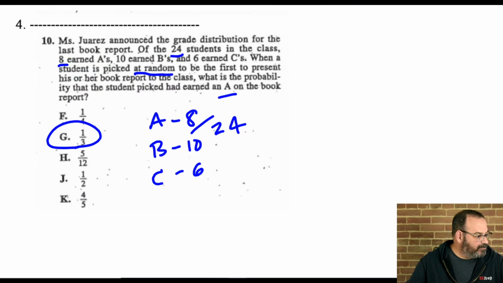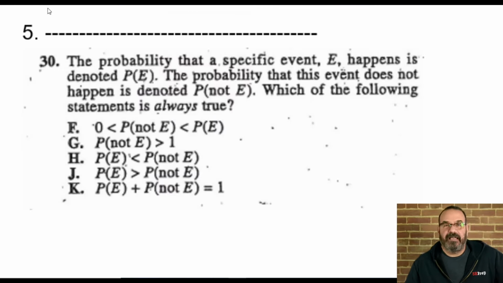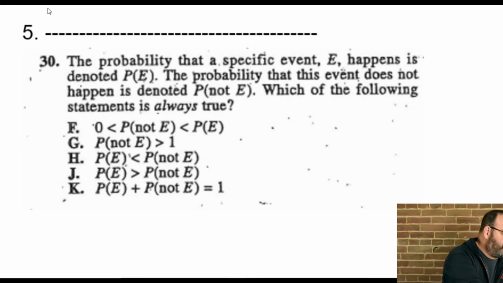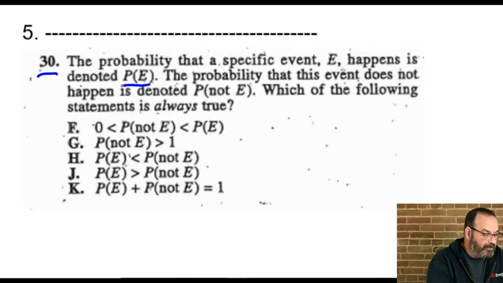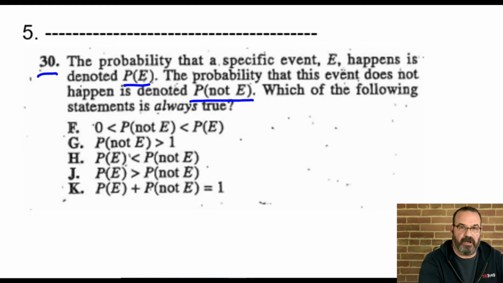I messed up my computer screen. Here is some nice math notation. It's number 30, so it's a medium level difficulty. It says the probability that a specific event E happens is denoted by P of E. The probability that this event does not happen is denoted by P of not E. Which of the following statements is always true?